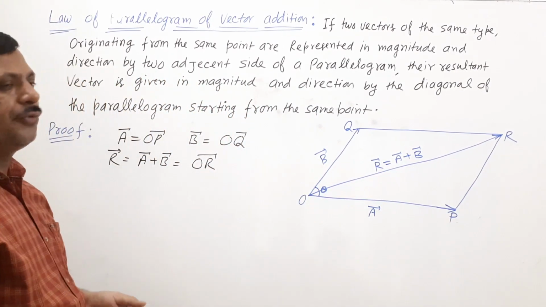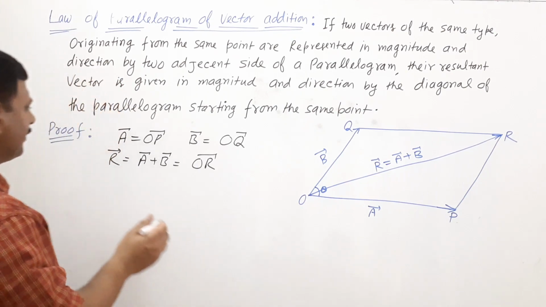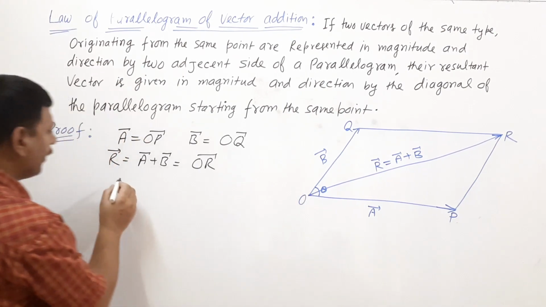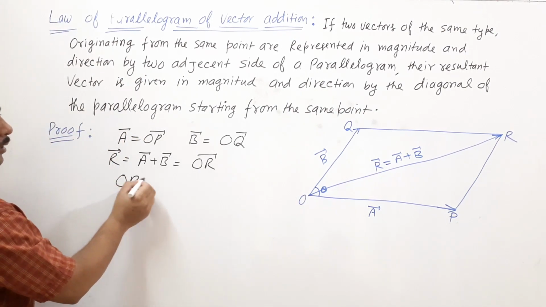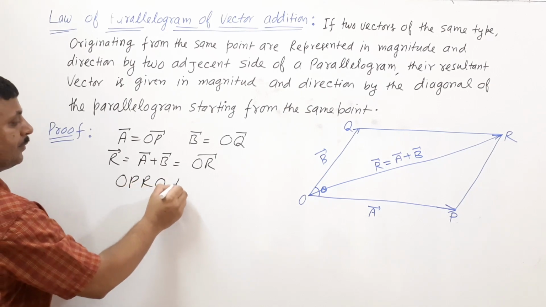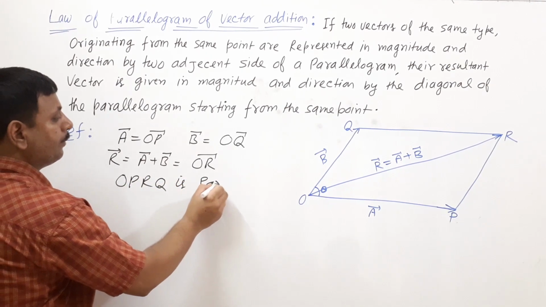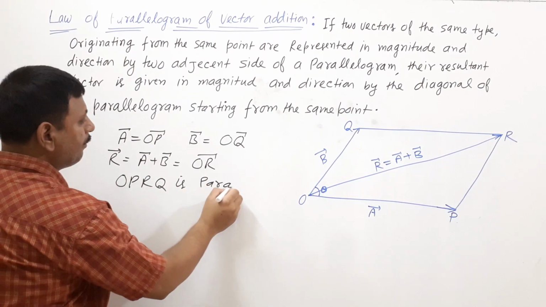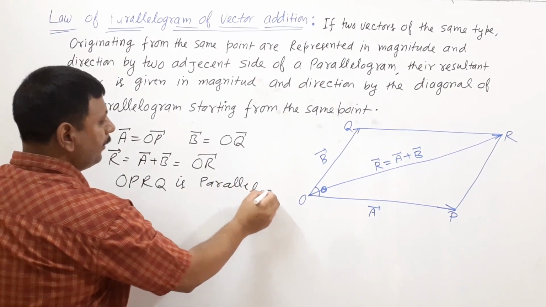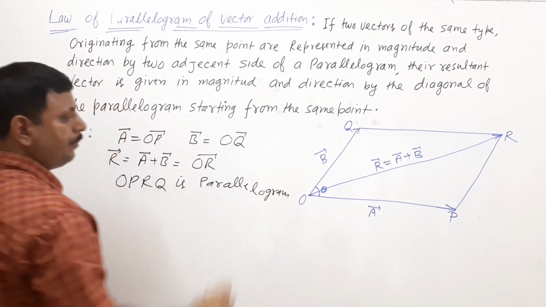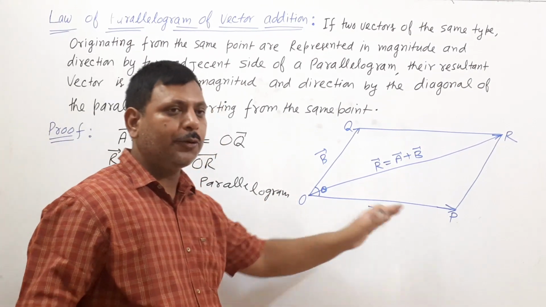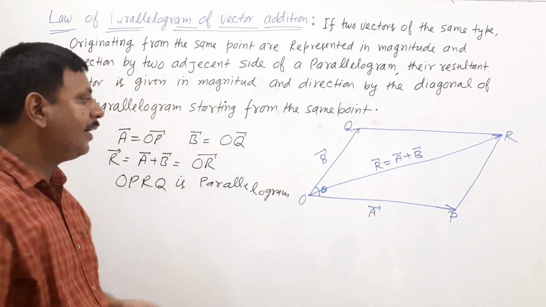If I want to prove it by the triangle law of vector addition, see here. OPRQ is a parallelogram. So what happens? We know for a parallelogram, opposite sides are parallel and equal.